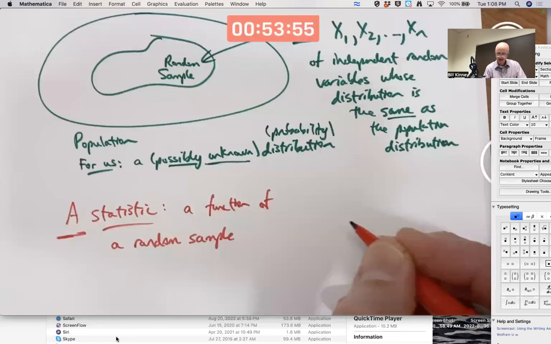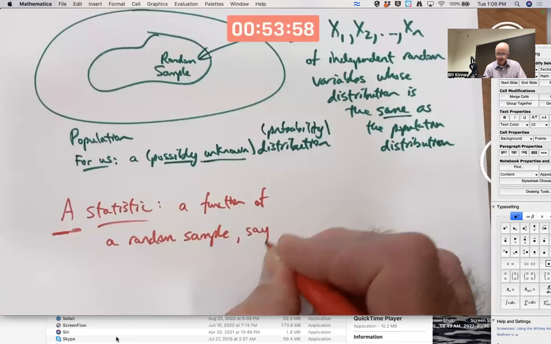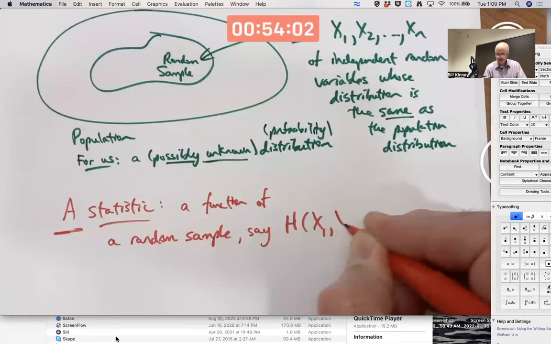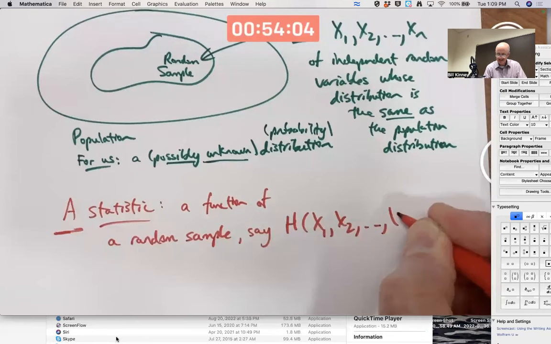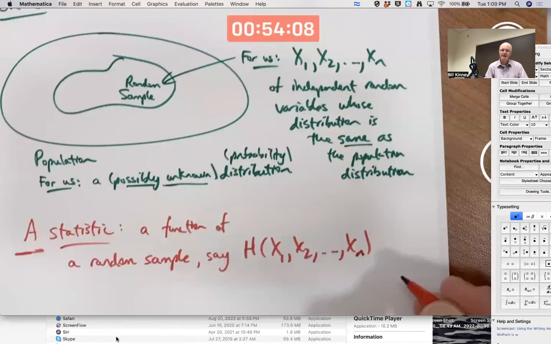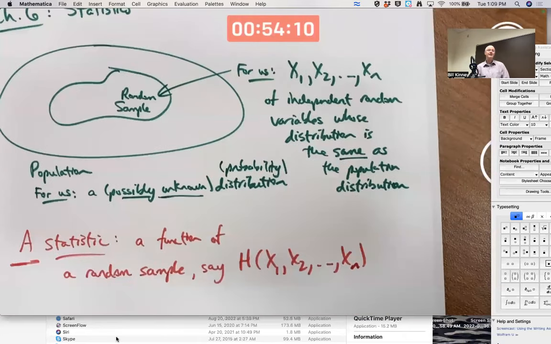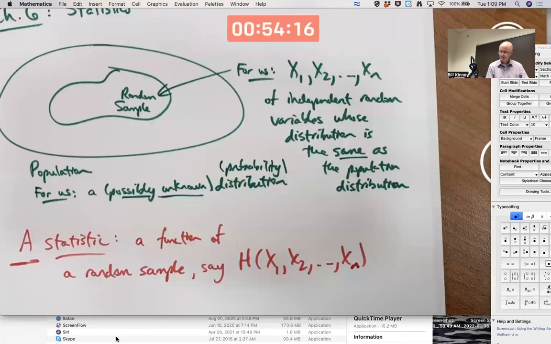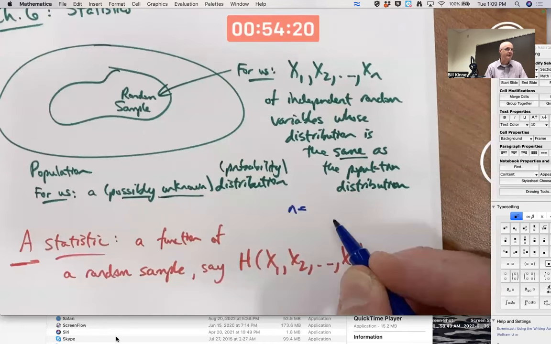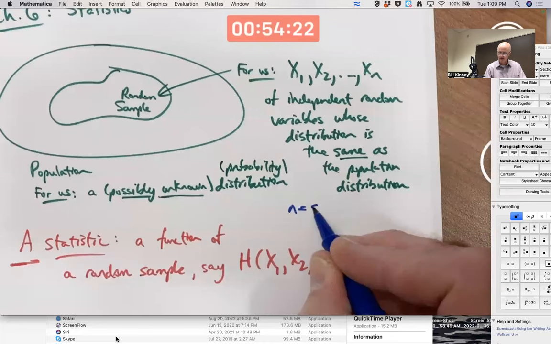In the abstract, say capital H of capital X1, comma, capital X2 through capital Xn. By the way, the number of random variables in a random sample is finite. And n is called the sample size. Whether we are thinking abstractly or concretely, n is still called the sample size.